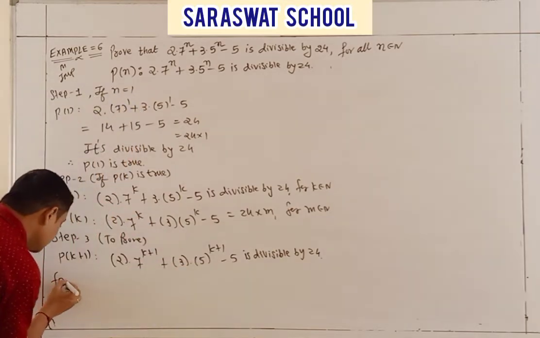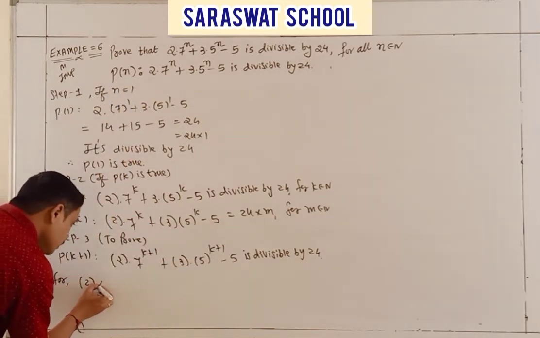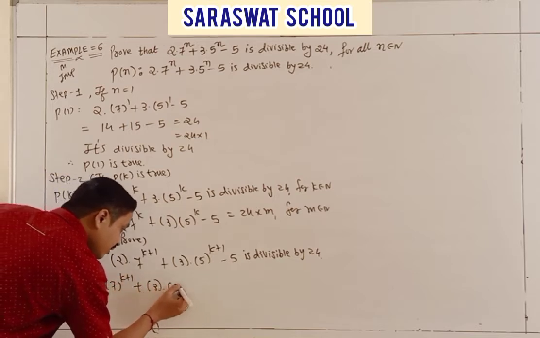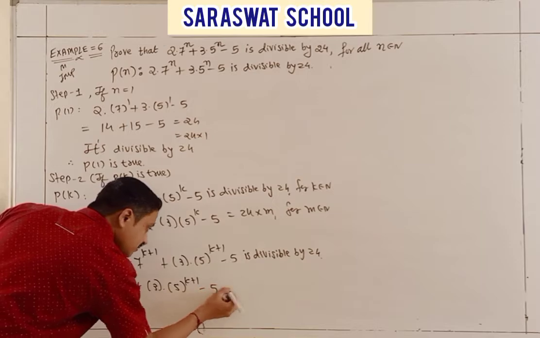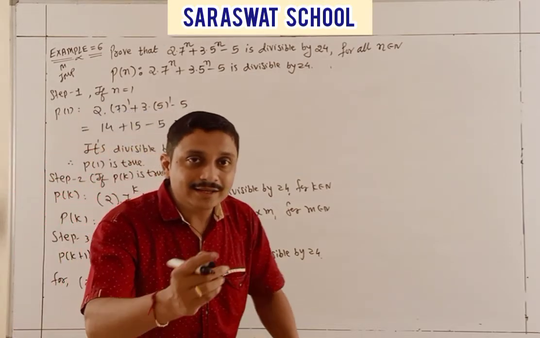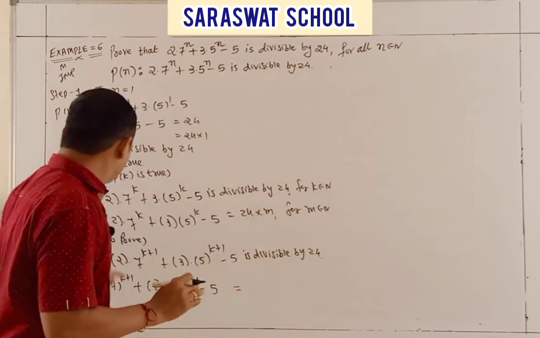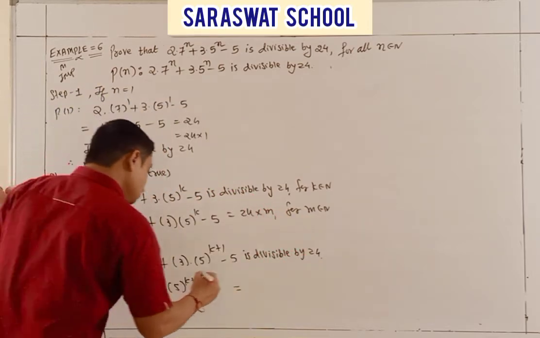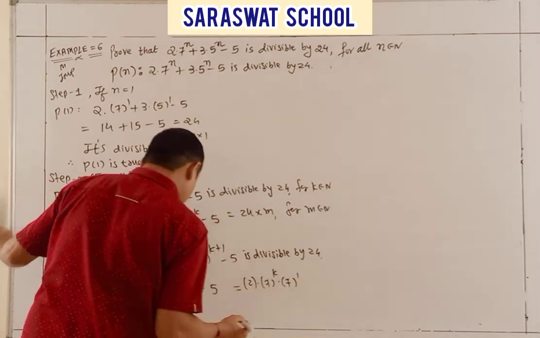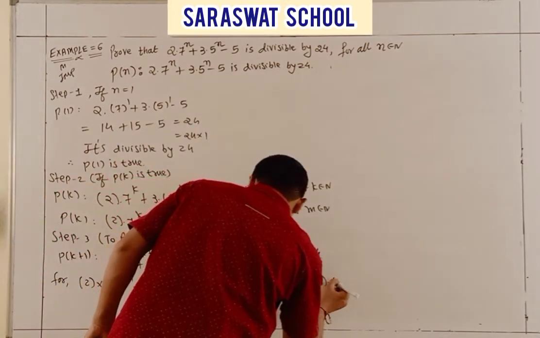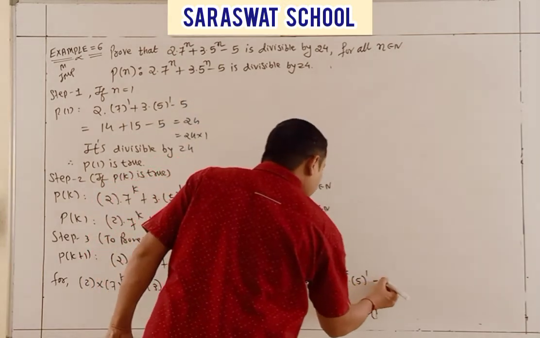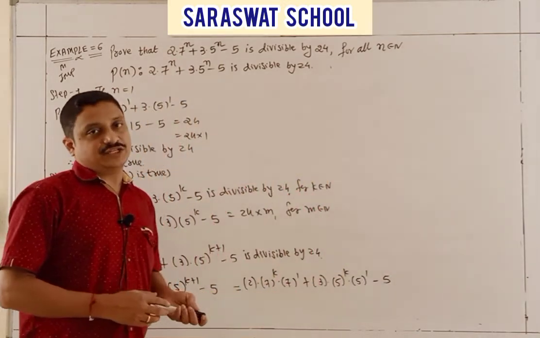So my calculation starts here for the value. 2 into 7 to the power k plus 1, plus 3 into 5 to the power k plus 1, minus 5 is equal to, only the power is changed, in terms of our step 2. So 2 into 7 raised to k, 7 raised to 1, plus 3 into 5 raised to k, 5 raised to 1, and minus 5 as usual.